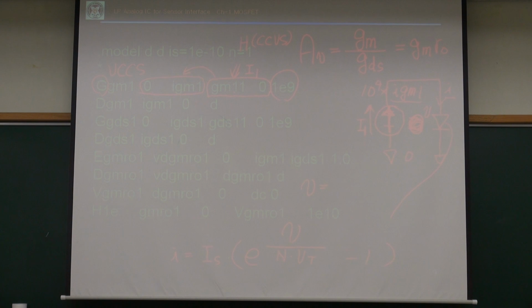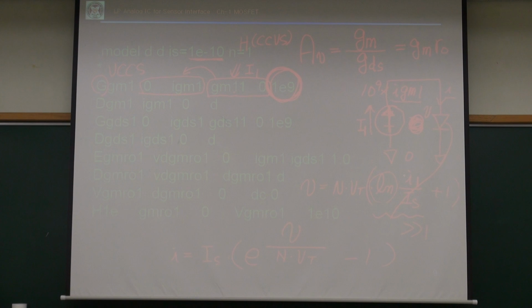So my voltage is NVT, where N is just 1, times log of I over IS plus 1, right? I want to make this much larger than 1, so I increased my current value by this huge amount. My IS is still very small. Then this V is proportional to log I1, right?